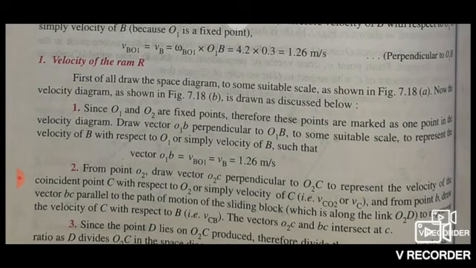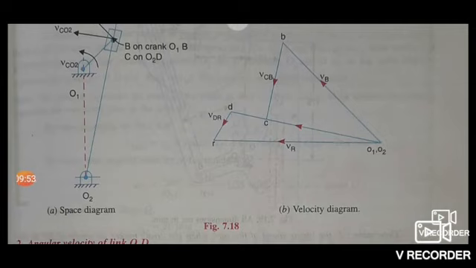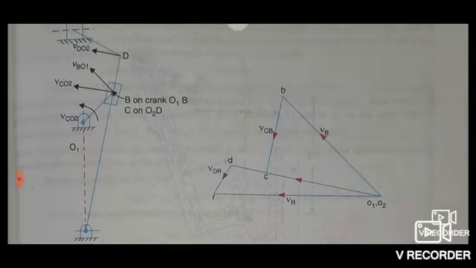First point, since O1 and O2 are fixed, these points are marked as one point in the velocity diagram. This is the velocity diagram on the right side, and the left side is the space diagram. Draw vector O1b perpendicular to O1B to some suitable scale to represent the velocity of B with respect to O1, or simply velocity of B, such that vector O1b equals V_BO1 equals V_B equals 1.26 meter per second.